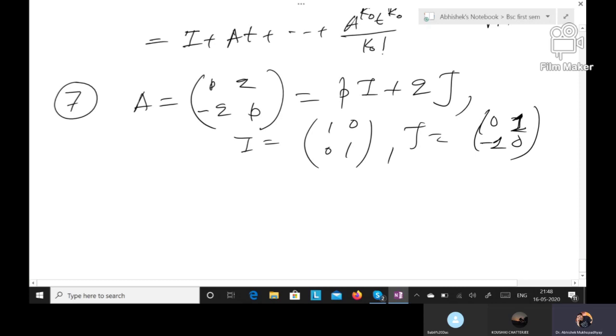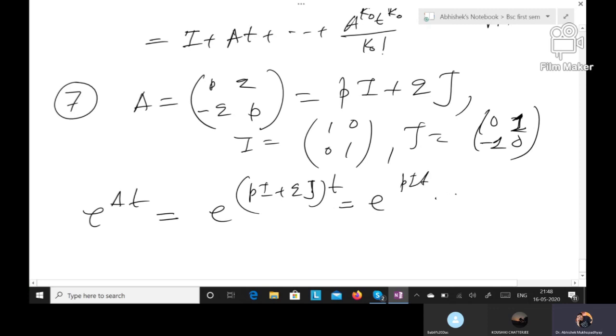Then e to the power at will be e to the power of (pI plus qJ)t, that is e to the power pIt times e to the power qJt.